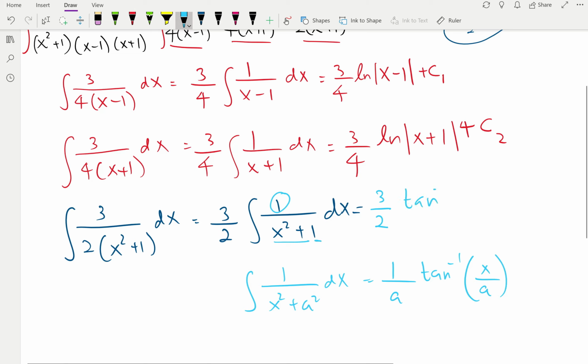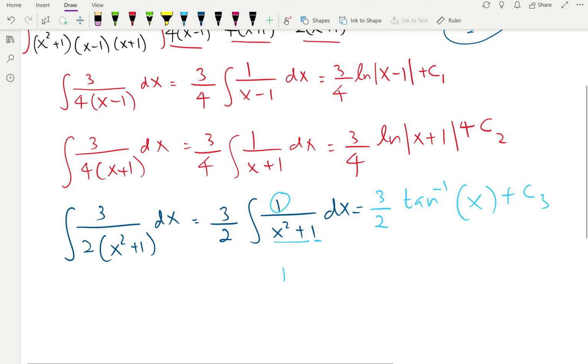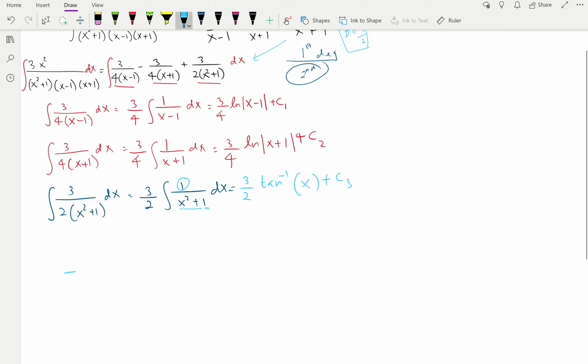So this is tangent inverse x over 1, which is x, plus arbitrary constant c3. So this is an easy complication, right? I guess I should have started with this problem before the previous problem in the previous video, but it's okay.